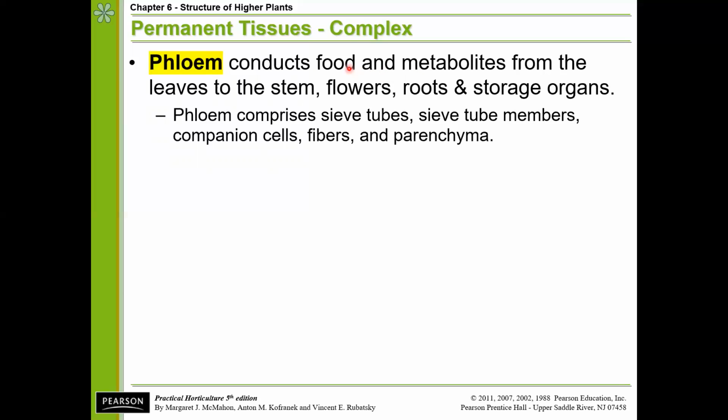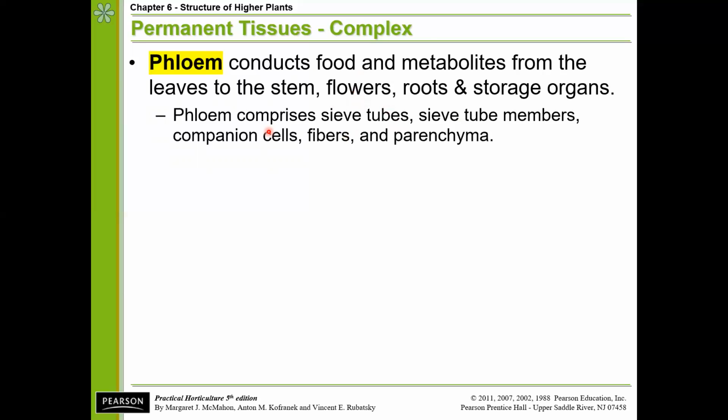The stem itself, the flowers, the roots, all the storage organs. So both the xylem and phloem are very complex tissues comprised of all these different components together to form these complex tubes that basically go the entire length of the plant, connecting it all.